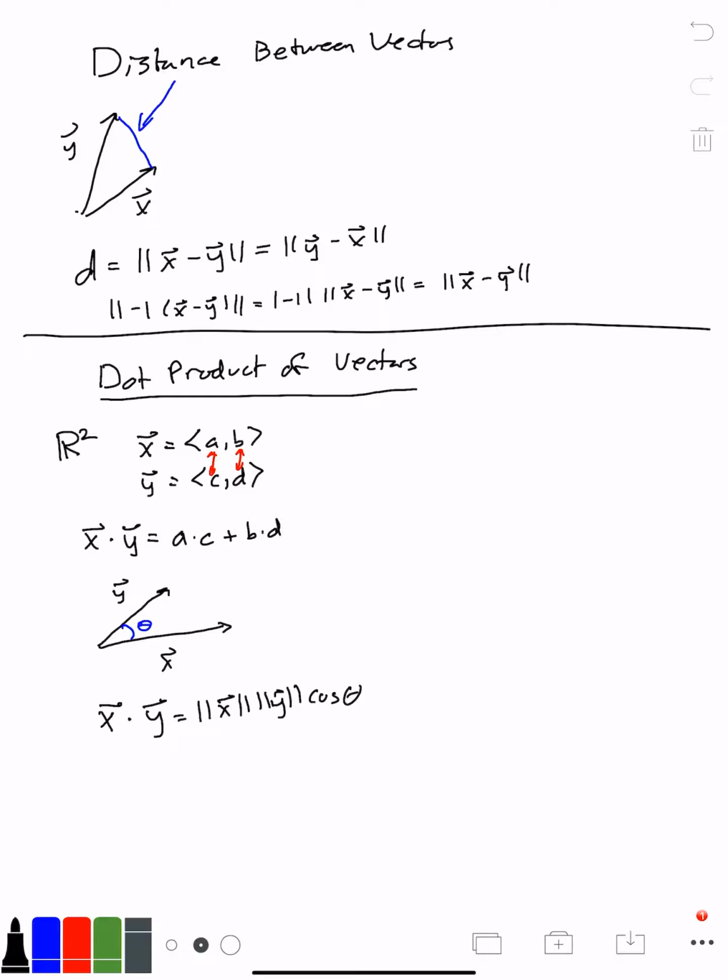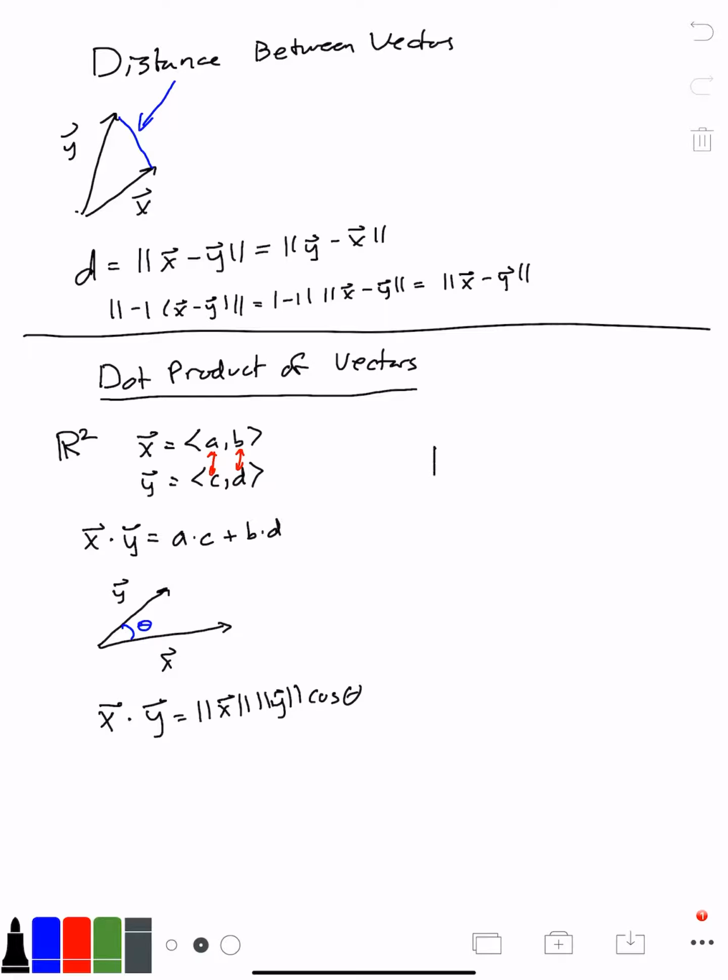It's not that complicated of geometry to work this out, using a little bit of trig and so on. I just don't want to take the time for it right now. We can prove this easily in R2. It's a little bit more difficult in R3, but it turns out that it actually works in any Rn.